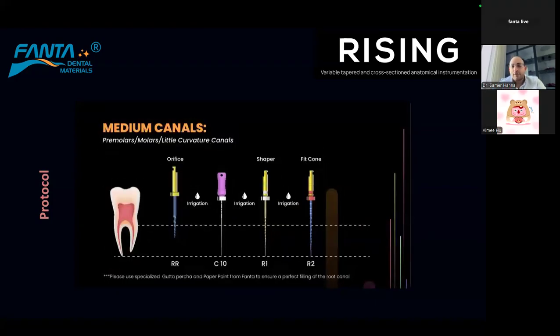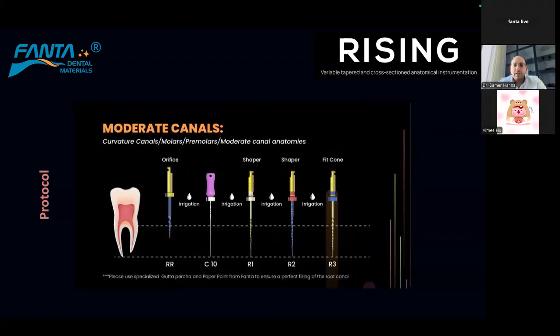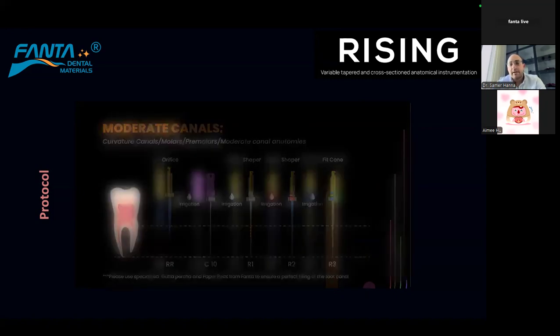Medium canal: orifice opener, manual filing, and then use the glide path, which is very important, and then go to the R2 directly. Moderate canals, this is where you have curvatures, molars, moderate canal anatomies. Use again the first three files as used before, and then use the R2 file and then R3 file.